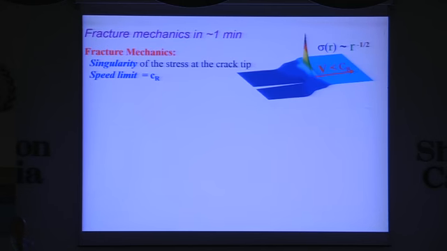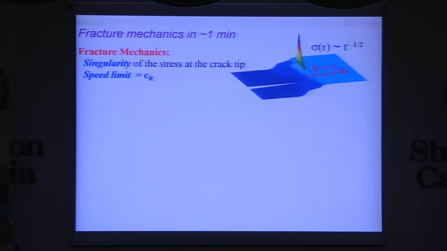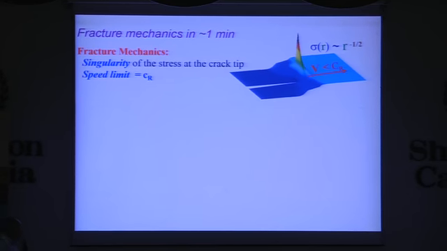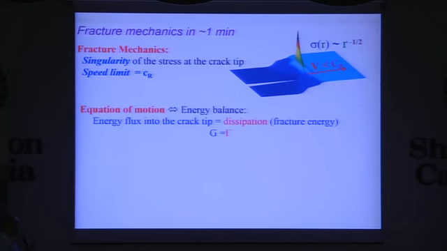Okay, fracture mechanics are what we need to know in half a minute or so. As we all know, a crack develops a 1 over the square root of r singularity at its tip. That's why things break. Dynamic cracks have a speed limit, the Rayleigh wave speed, slightly below the shear wave speed of the material. Now, the dynamics of a crack are basically given, at least when they remain simple, by energy balance.